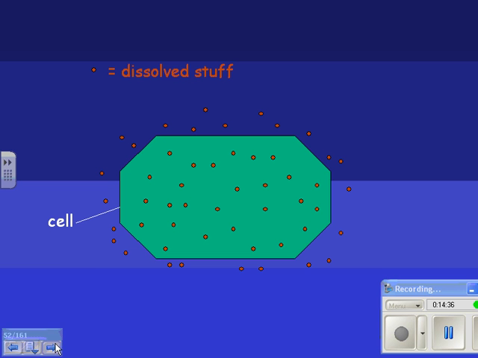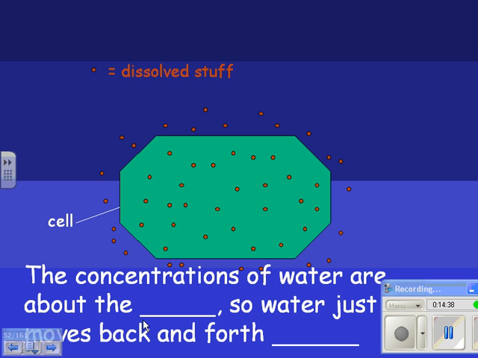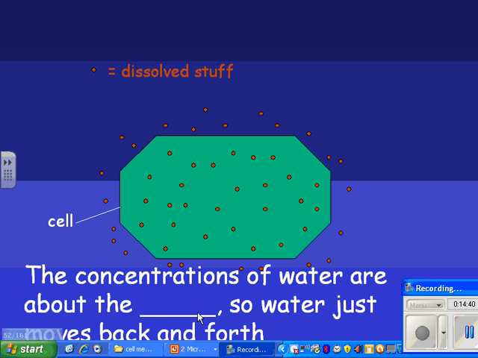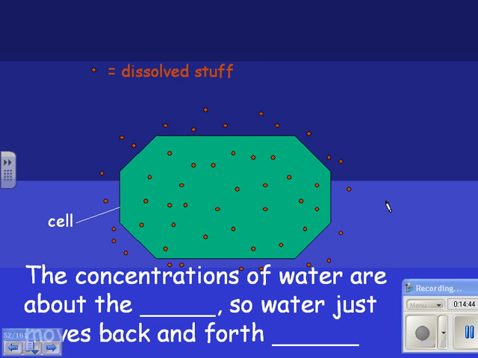Here it's even. So the concentrations of water are about the same. So water just kind of moves back and forth equally. So let's draw your arrows in. Some water goes out, some water goes in, some water goes out, some water goes in. This is called dynamic equilibrium.